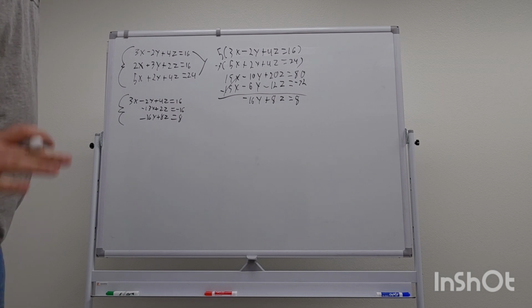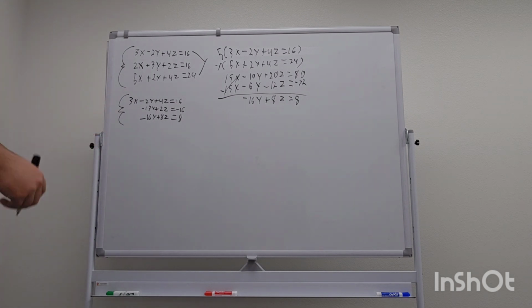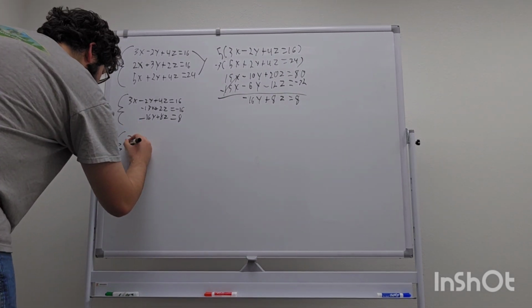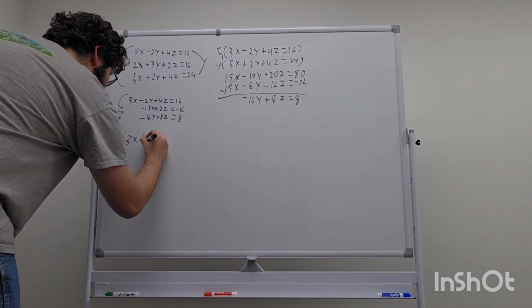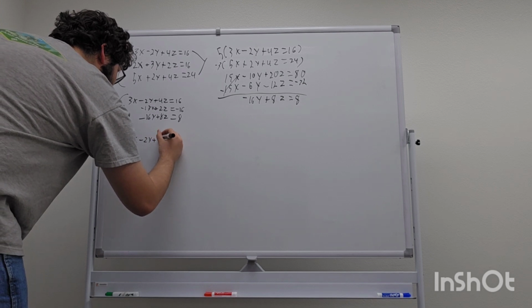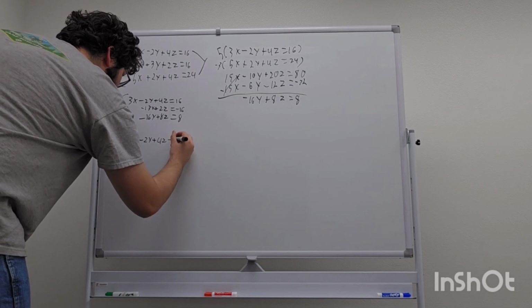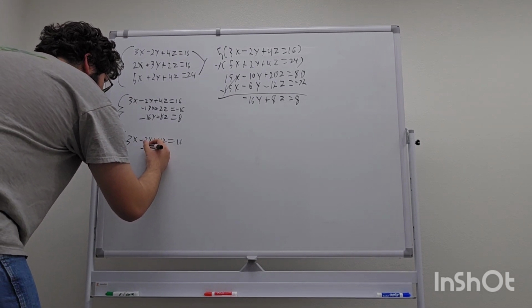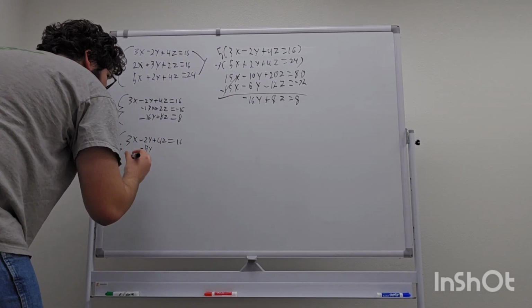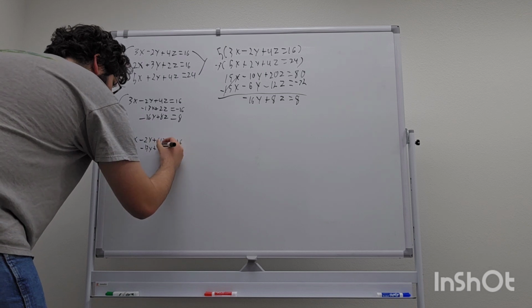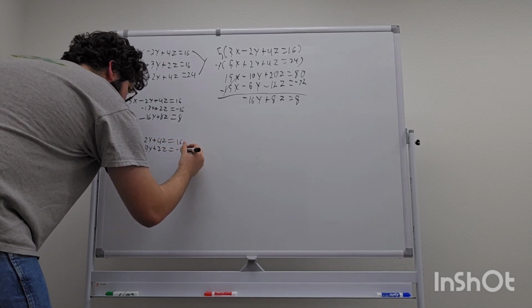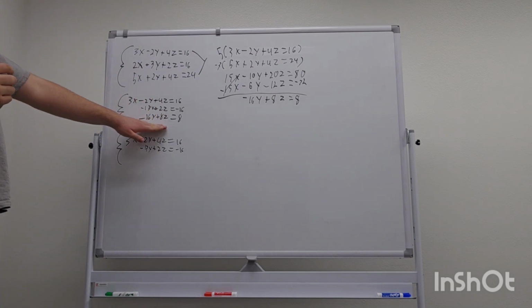Now that we have that all sorted out, we are ready to find our very last equation. Now, our last equation, most of the time, apart from a few very special cases, is going to be our z.